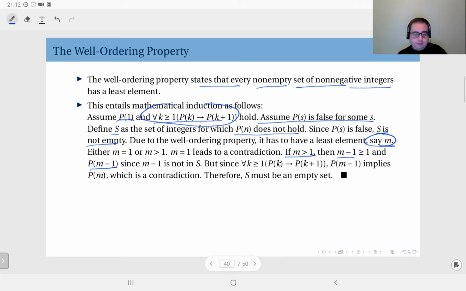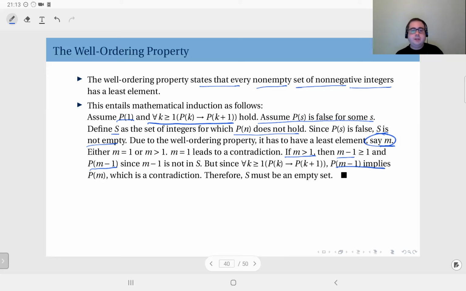But based on this assumption here, the truth of P of M minus 1 implies P of M, right? But this is a contradiction because M is in set S, which consists of the integers that make P of n false. So this leads to a contradiction.